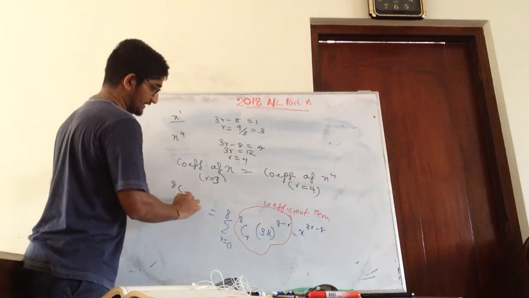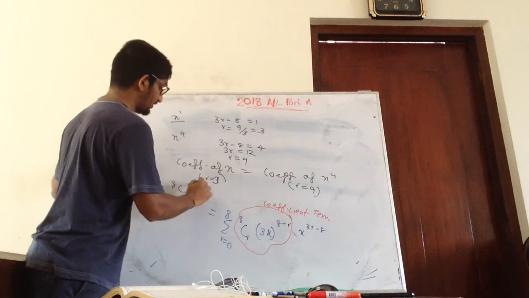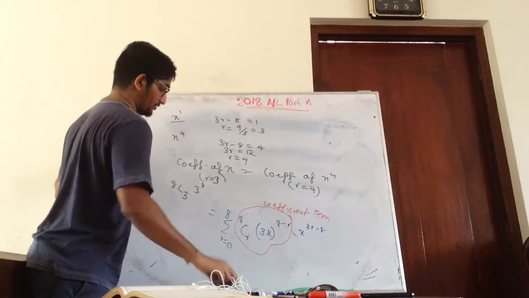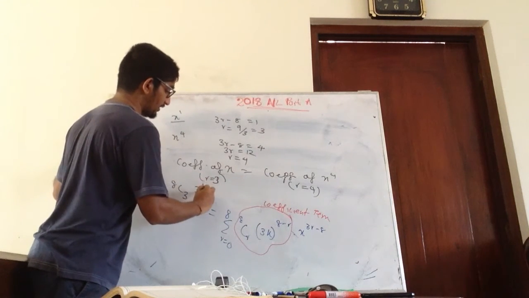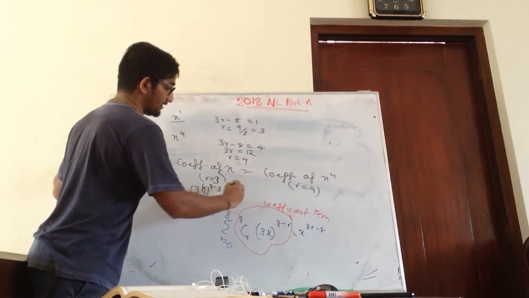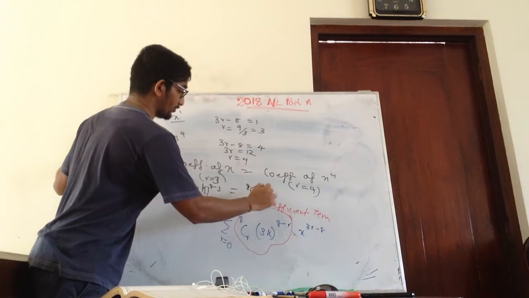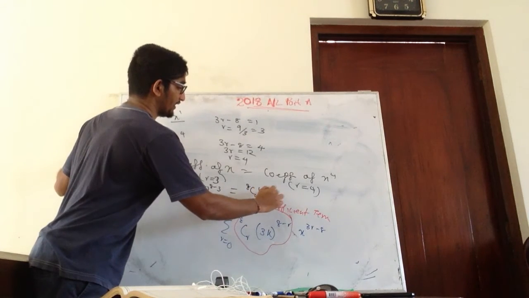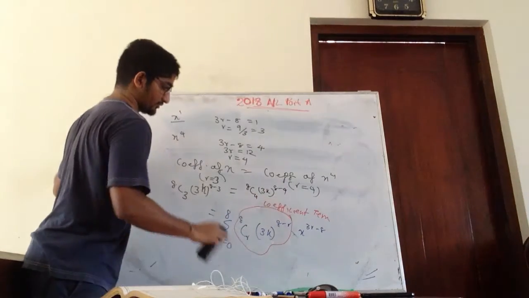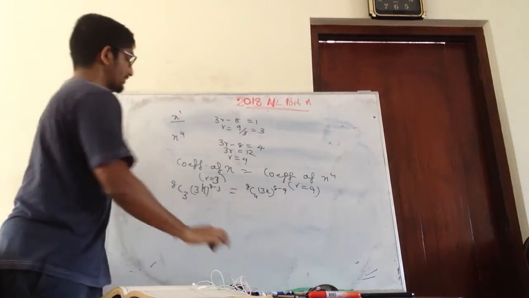We will get 8C3 times k^(8-3) equal to 8C4 times k^(8-4). Right, no?